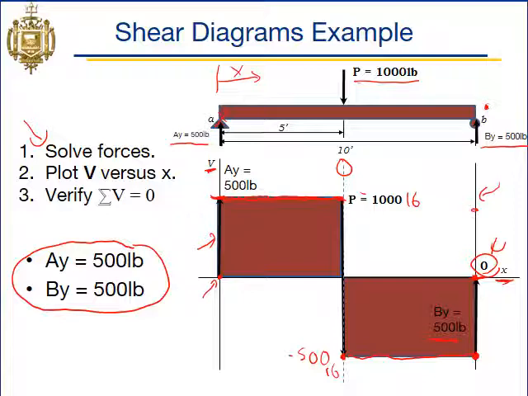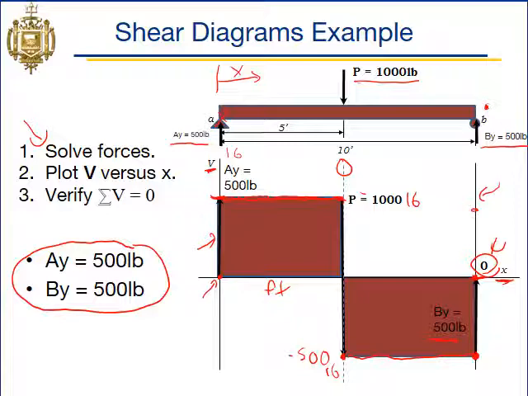All right, before we move on, just a question for you guys to think about. We know that on the y-axis here, shear is in pounds. Our y-axis is a shear force in pounds, and our x-axis here is distance, and that's in feet. So what do you think the area under the curve might indicate to you?